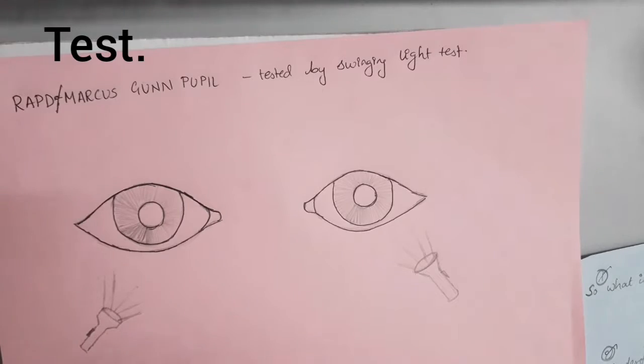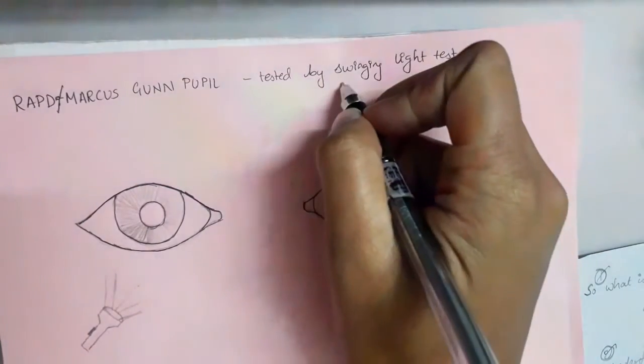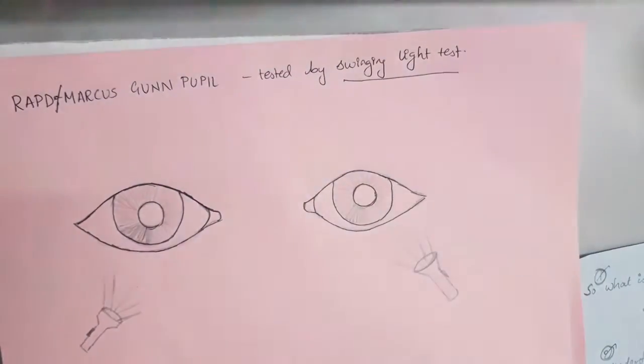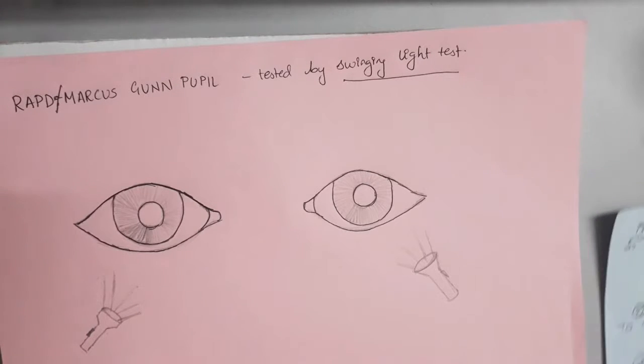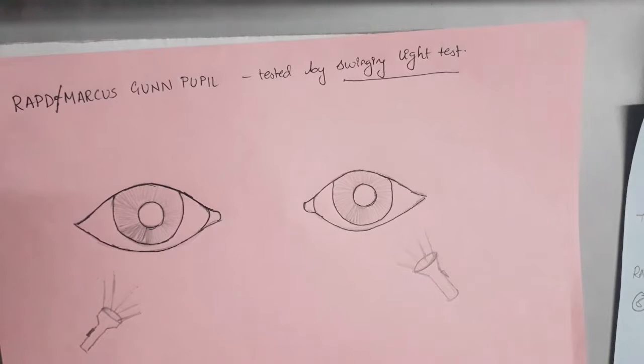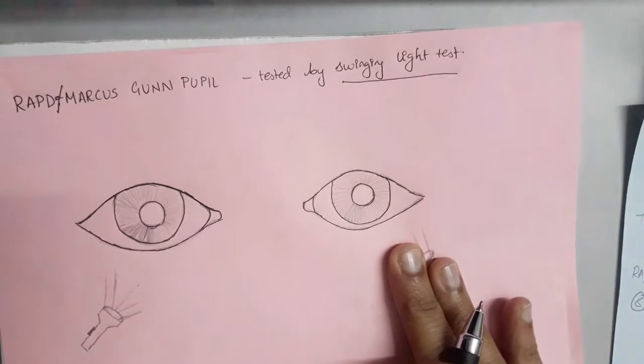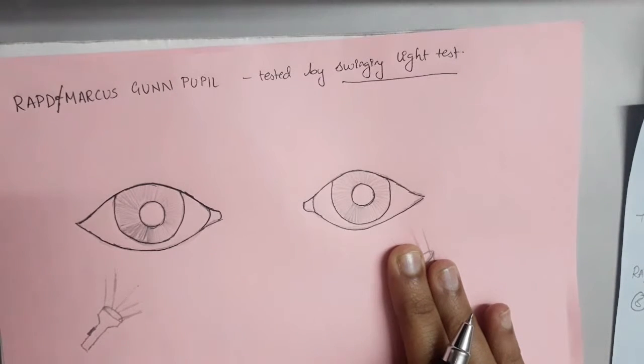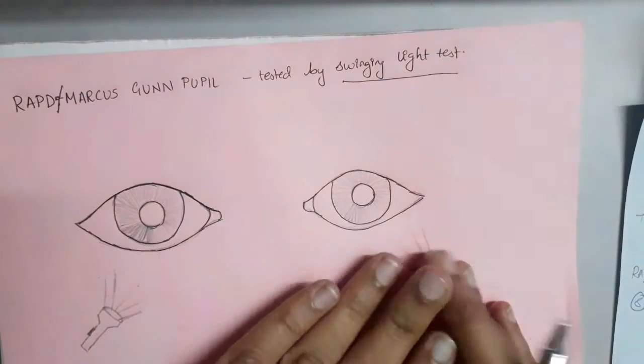RAPD or Marcus Gunn pupil is tested by the swinging light test. So what is the swinging light test? It is performed in a dimly lit room with the help of a torchlight. The torchlight is shown alternately on each eye to appreciate the constriction of the pupil.